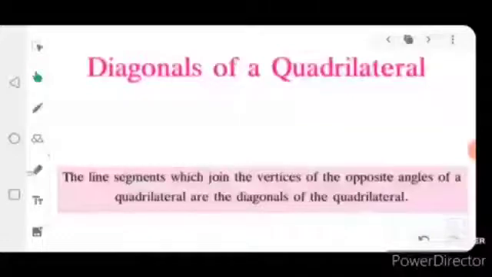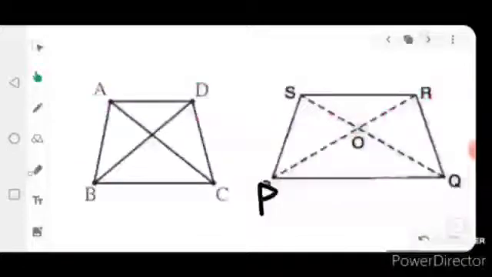Means the line segment which joins two opposite angles is known as a diagonal of that particular quadrilateral. So here we will see the example. Two angles A and C are joined by one line segment, AC, and this line segment is known as a diagonal of this quadrilateral.